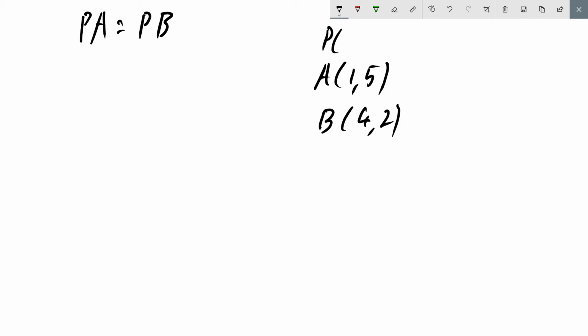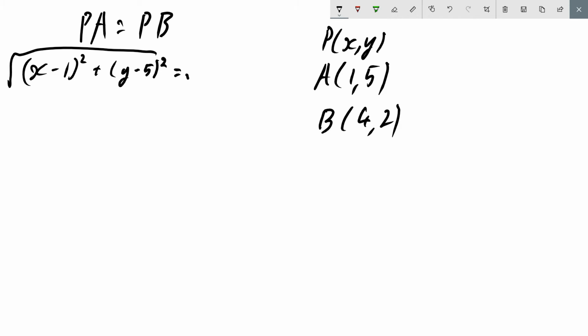And again, we'll say P of x and y. So let's start with PA. So we'll have x minus 1 is the distance squared plus the y, which is 5, y minus 5 squared, square rooted, is equal to the square root of x minus 4 squared plus y minus 2 squared.